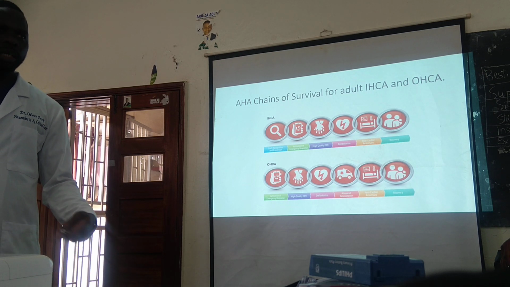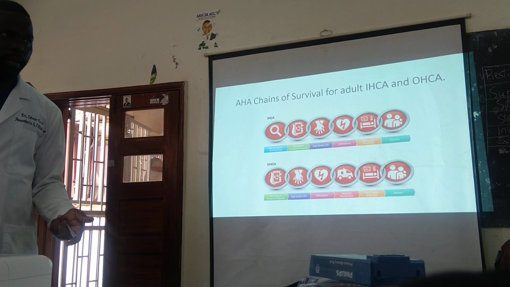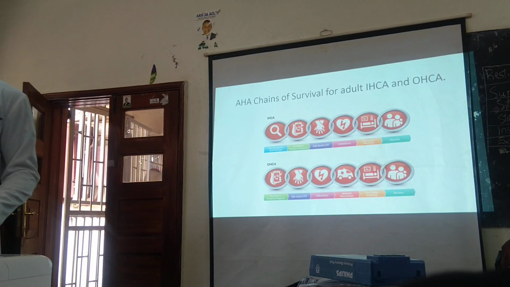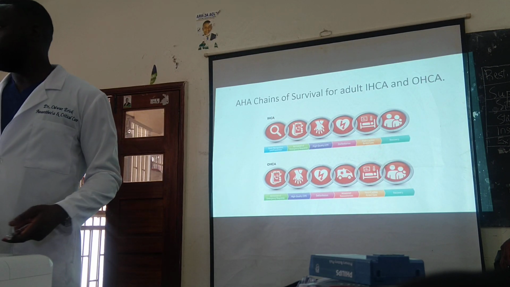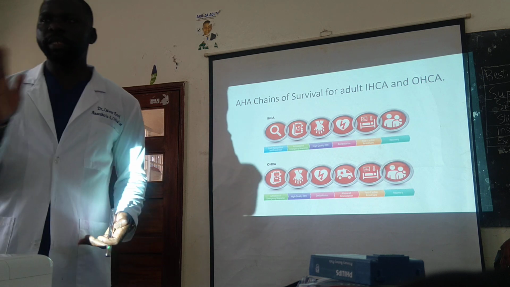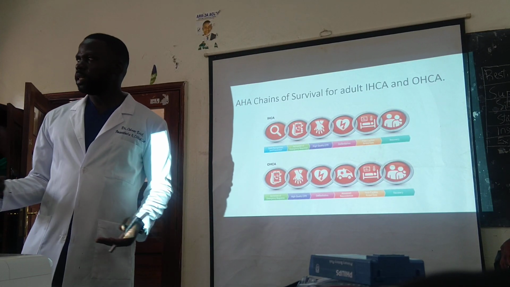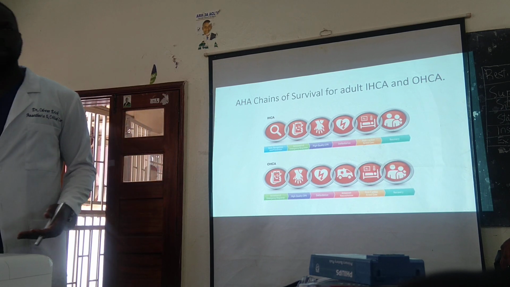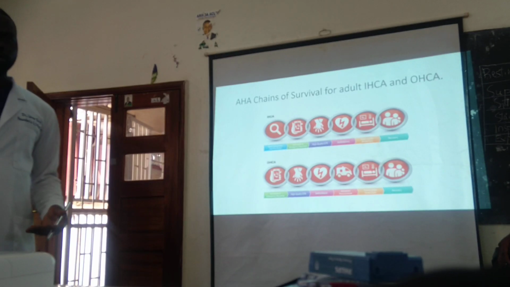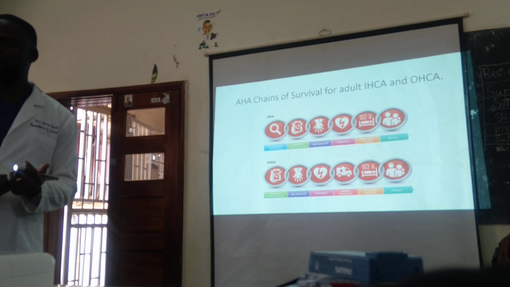Even in asystole, you're going to use adrenaline. Asystole is more or less the same as PEA. The only difference is the electrical activity you're able to see. But the management is the same: CPR, adrenaline, until you get back the return of spontaneous circulation. If it does not happen, then you are likely to call off the resuscitation.